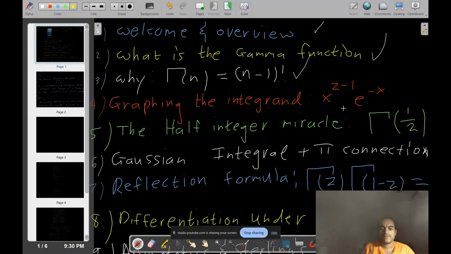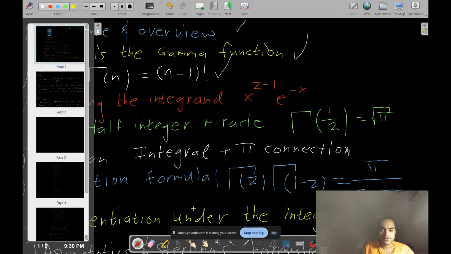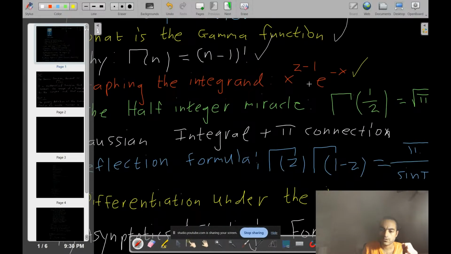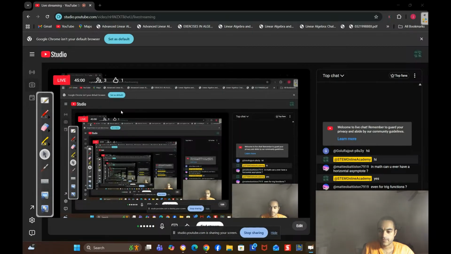So we've talked about this guy right here. The next thing we're going to talk about is the half integer miracle, and that is why gamma of 1/2 is equal to root pi.